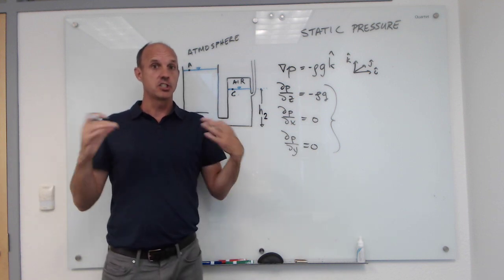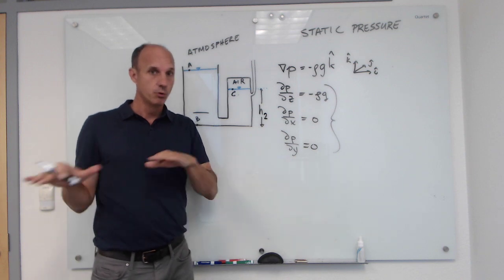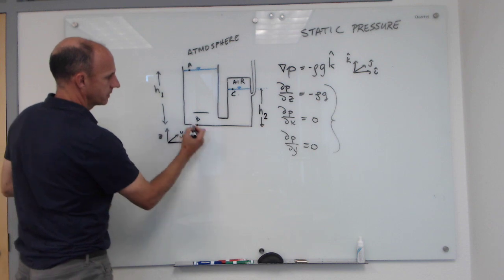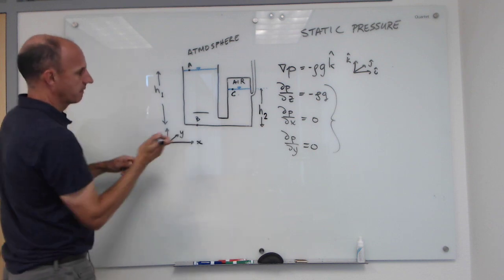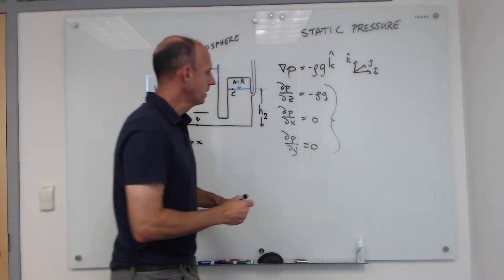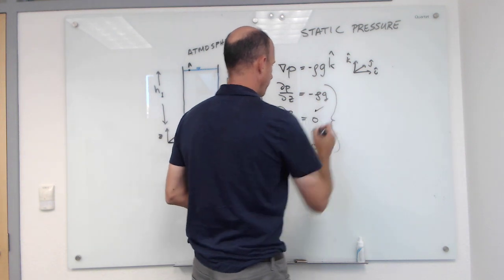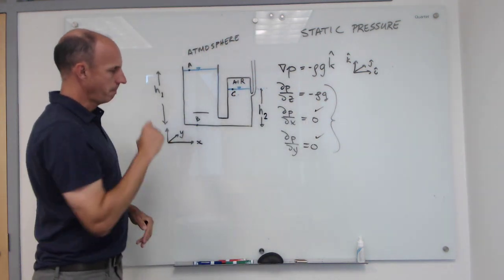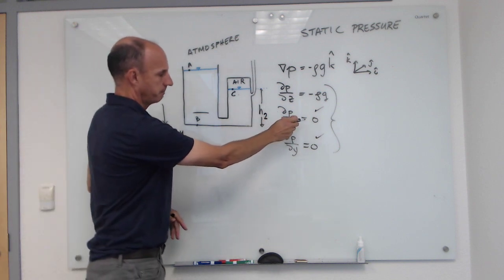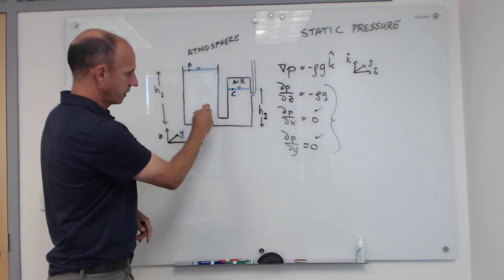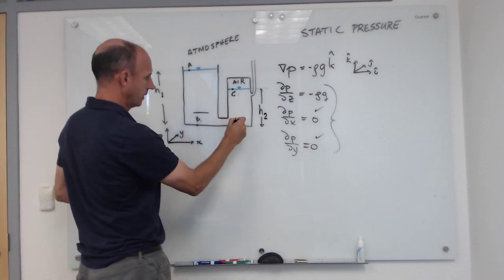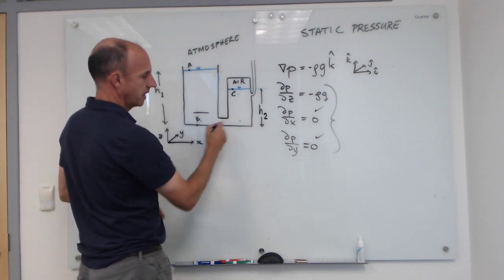It just means that the change in pressure with movement in either the x or y direction is 0. So x is in this direction and y is in and out of the board. These guys are our friends. That means that we can always move horizontally, and we can expect no change in pressure if we're within the same fluid. So I could go from here over to here along a horizontal line and the pressure will stay the same.